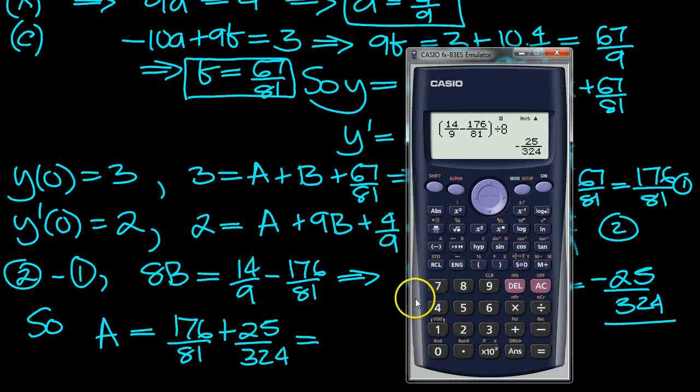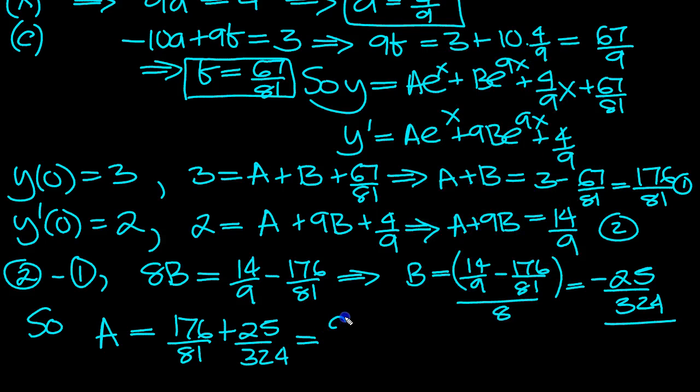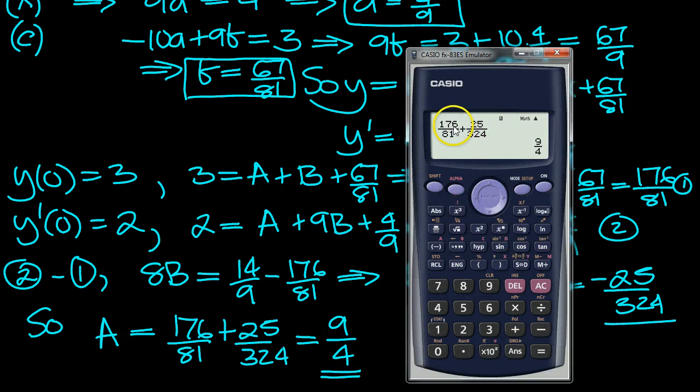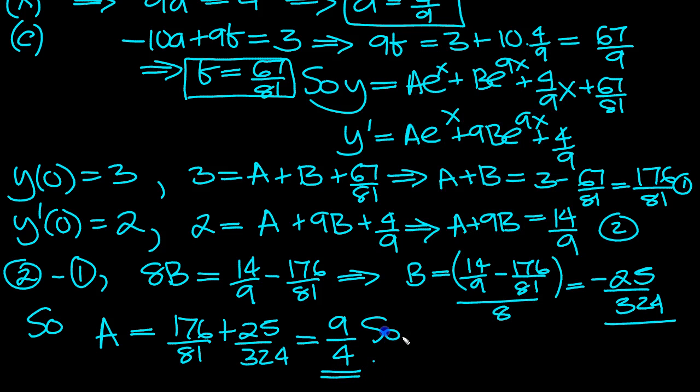We've got 176 over 81 plus 25 over 324 equals 9 over 4. There we go. Just check that again because it looked quite good. 176 over 81 plus 25 over 324. Yeah, 9 over 4.